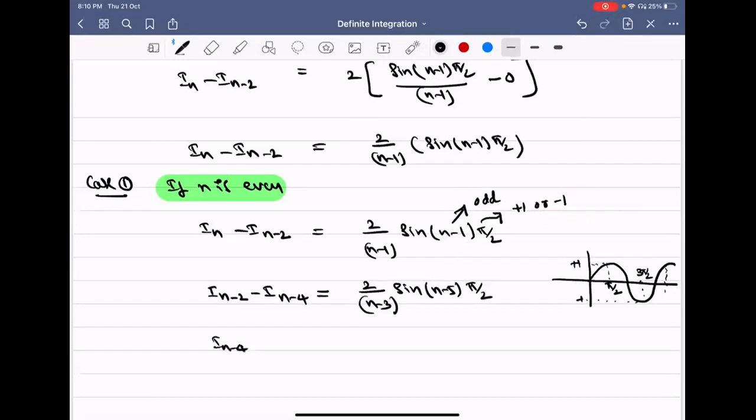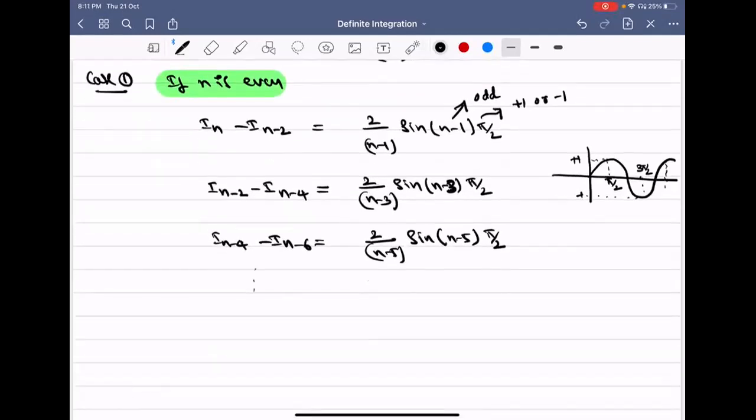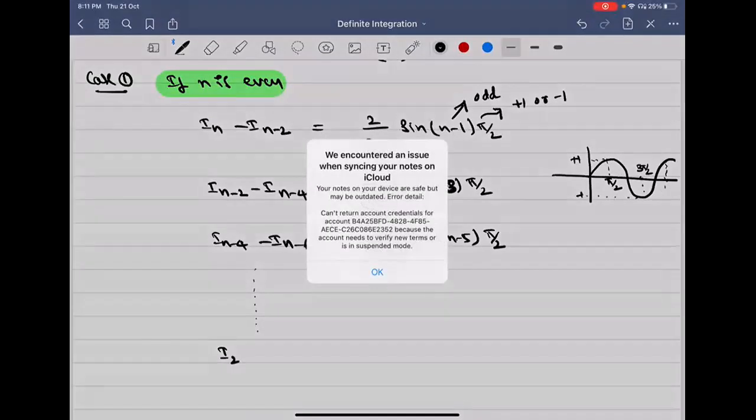Similarly, I_(n-4) minus I_(n-6) is equal to 2 over (n minus 5) into sin of (n minus 5) into pi by 2, etc. Last, I_2 minus I_0.